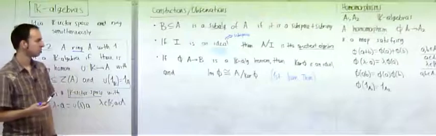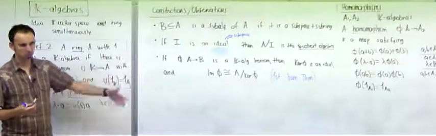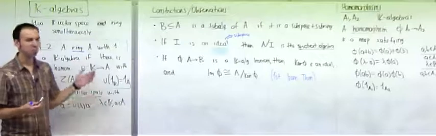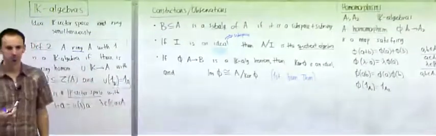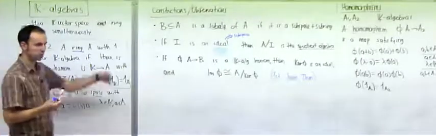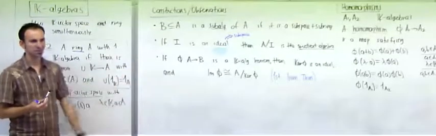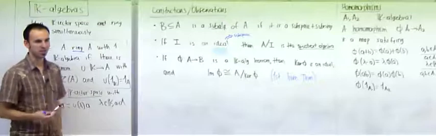Again, the point is that this is true for vector spaces and for rings, and therefore algebras inherit it. It's also true for modules, and so our algebras inherit it as well.